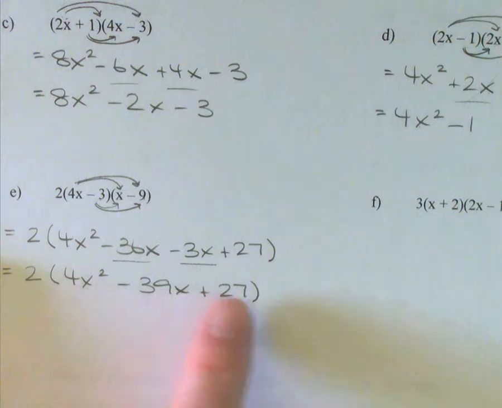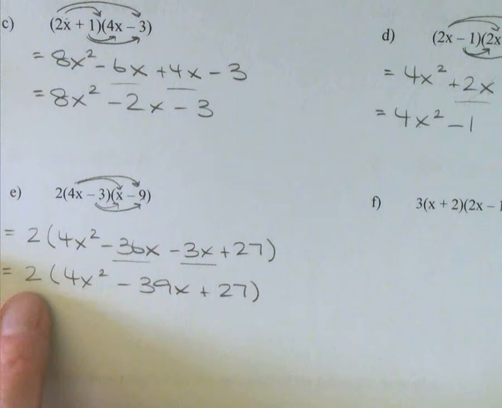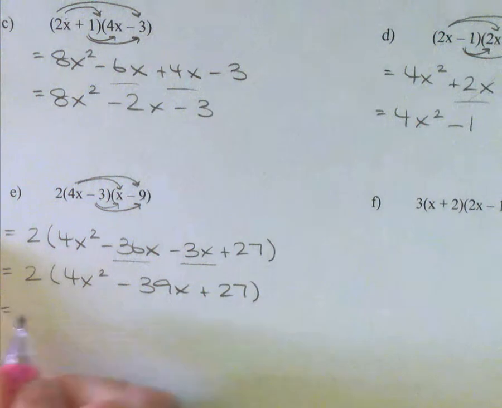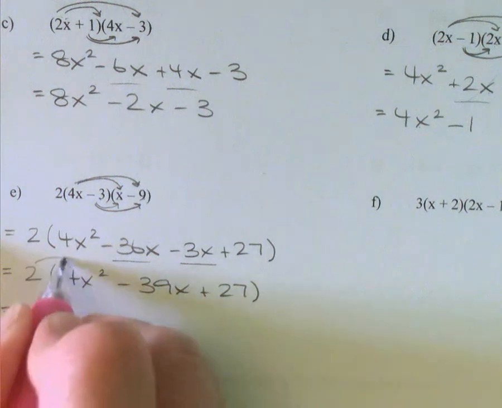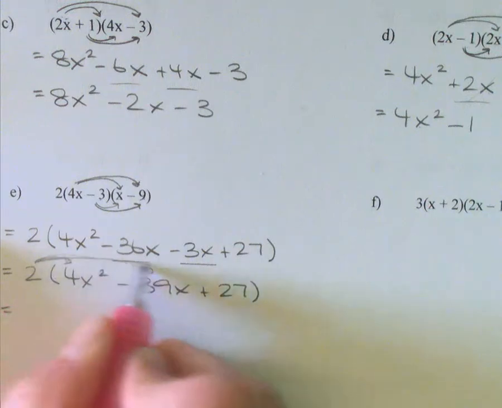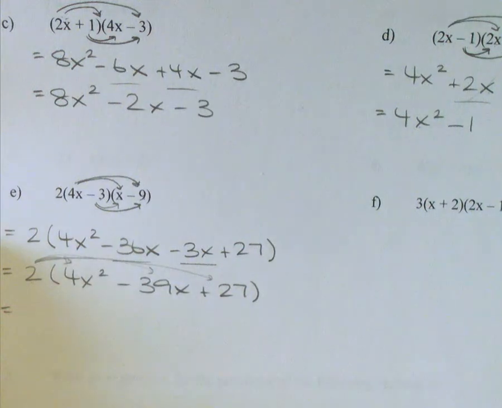So now that everything in the brackets is simplified, I can multiply the 2 outside the bracket with every term inside the bracket. So I can now do the multiplication part because we finished the bracket part. So now I can do 2 times 4x squared, 2 times 39x, and 2 times 27.